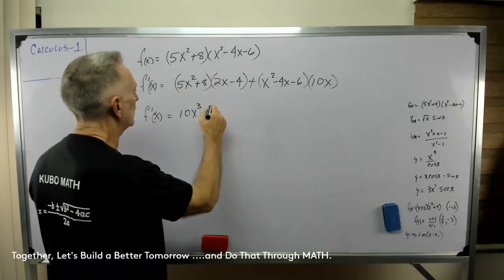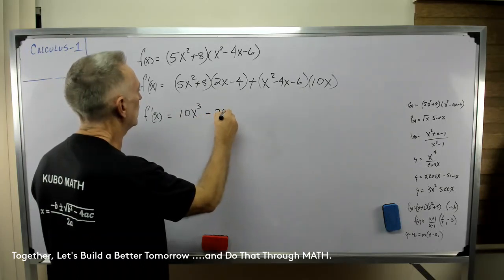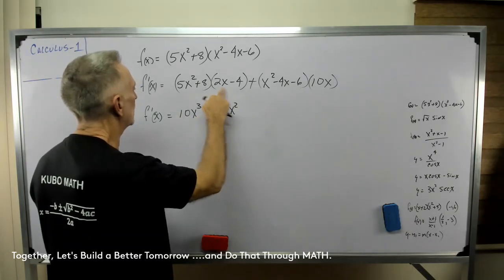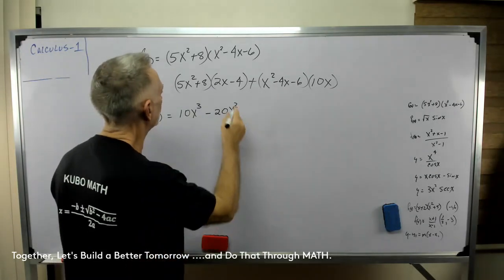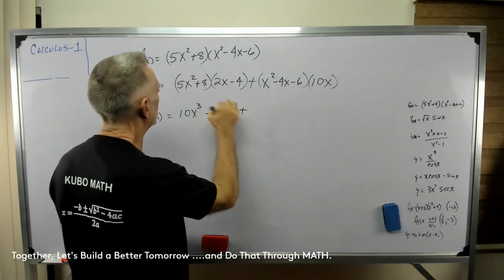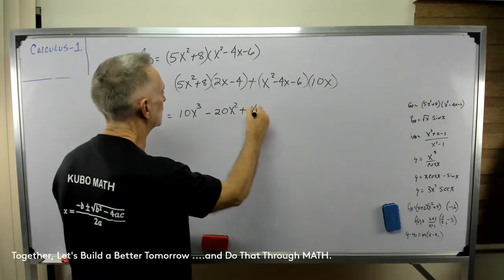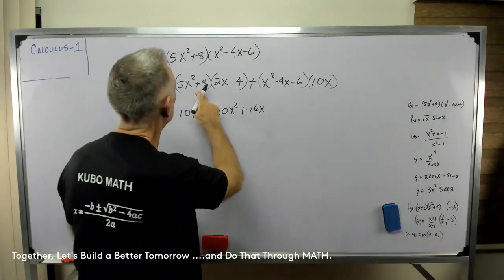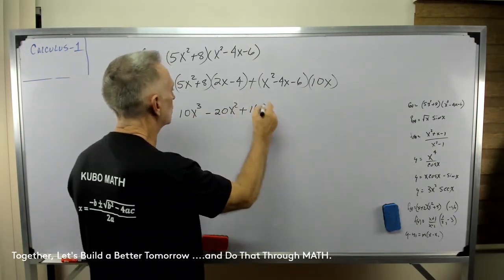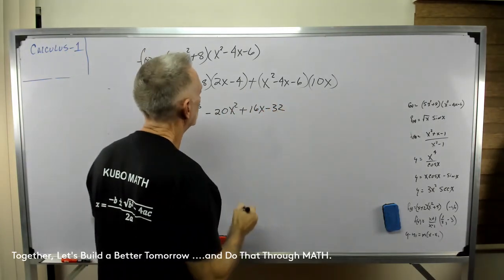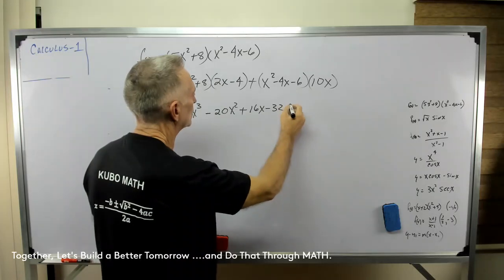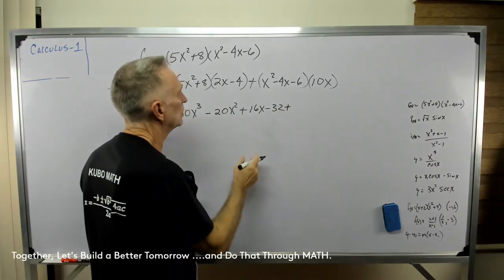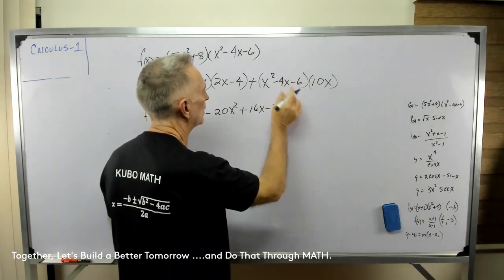Now the outside, minus 20x squared, so that's negative 4 times 5x squared, negative 20x squared. Inside, which would be 8 times 2x is 16x. And then the last, minus 32. Okay, now, let's see, I'm going to say plus. We'll just work through term by term here.